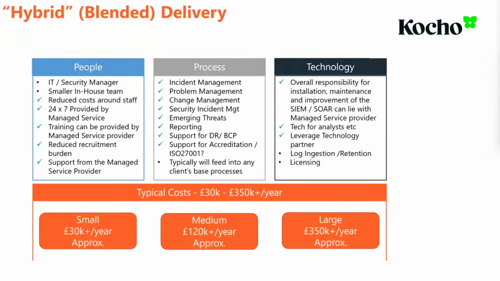There are a large number of elements that make up the cost of your in-house delivery that in a blended delivery would be covered by the third party, but you would still be keeping a small number of people in-house. So you'd have maybe your IT manager or a security based manager and a smaller team of analysts that would work together with that third party.